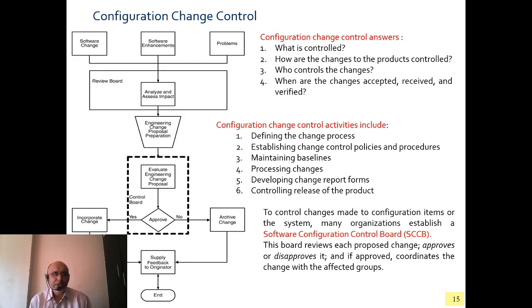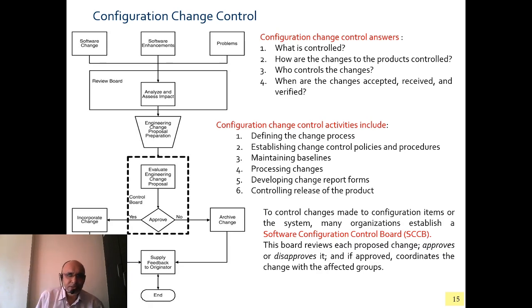So the major activity is configuration change control. Why? What it addresses, what is being controlled, who controls the changes, whether the change control is correct, whether it has been accepted, received and verified, then only you can go forward for controlling these changes. Then for change control you have what?